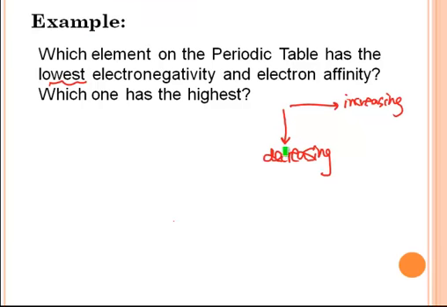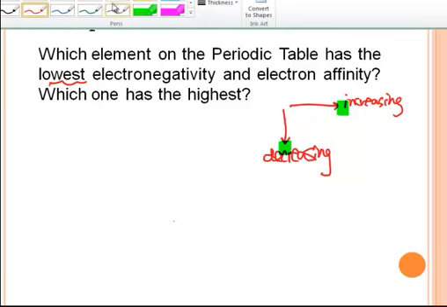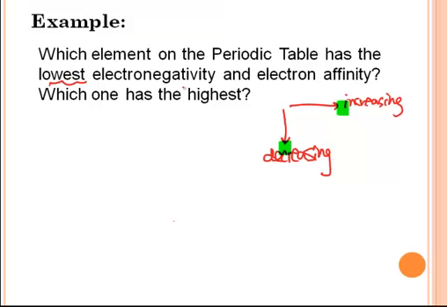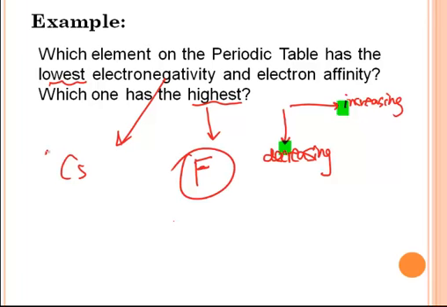Let's change the color. It will be in this region, and the one that has the highest will be in this region. It turns out the answer for the lowest electronegativity is cesium. Also for the electron affinity, it will be the same trend. Which one has the highest? That will be fluorine.